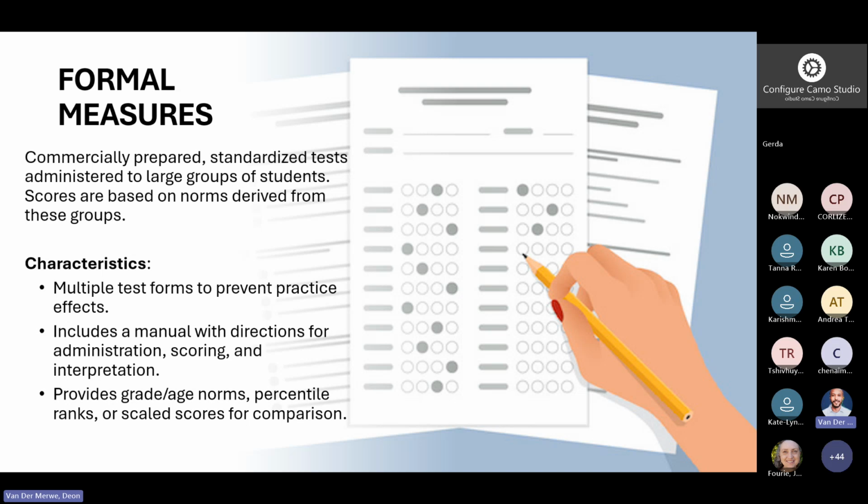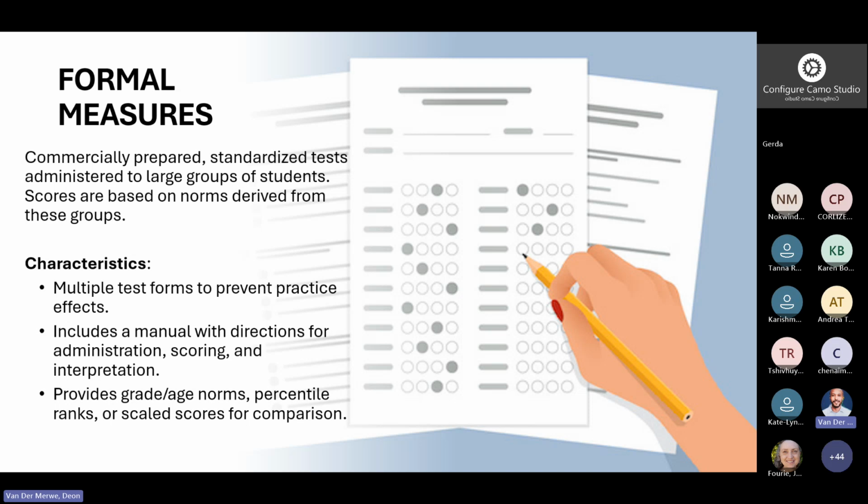Now, this brings me to the formal measurements that you will be engaging with as well, apart from the informal measurements, which I have just spoken on. The formal tests are commercially prepared instruments that have been standardized on large groups of learners.